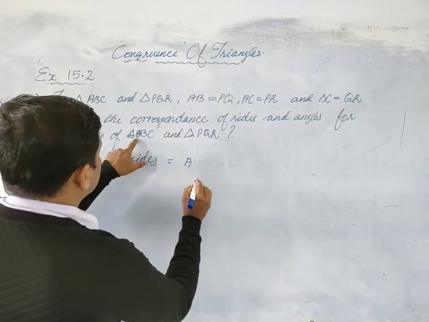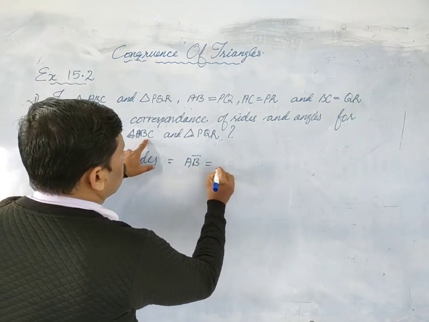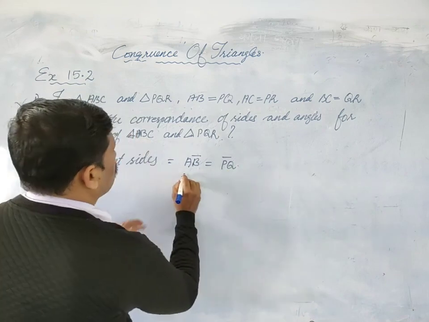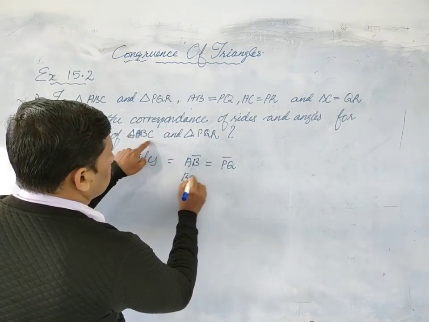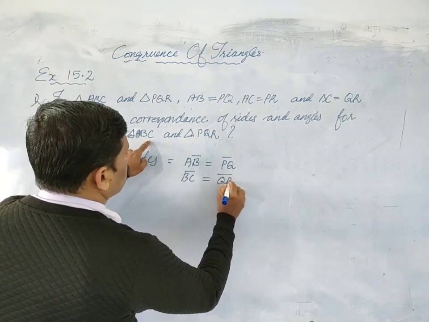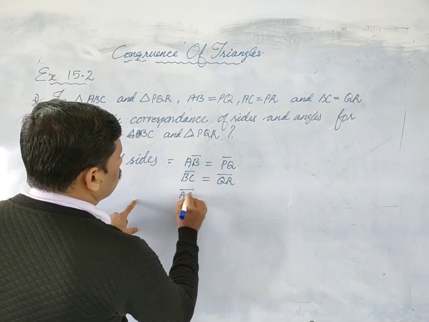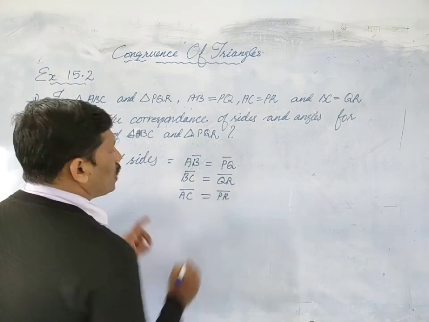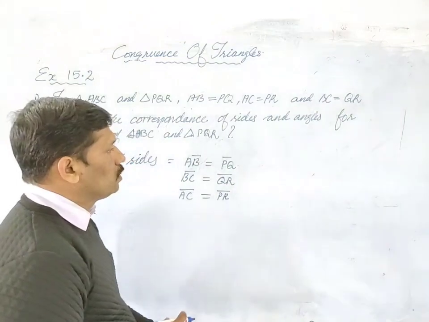Side AB is equal to side PQ, and side BC is equal to side QR, and side AC is equal to side PR. These are the conditions of the congruence of the sides of these two congruent triangles.